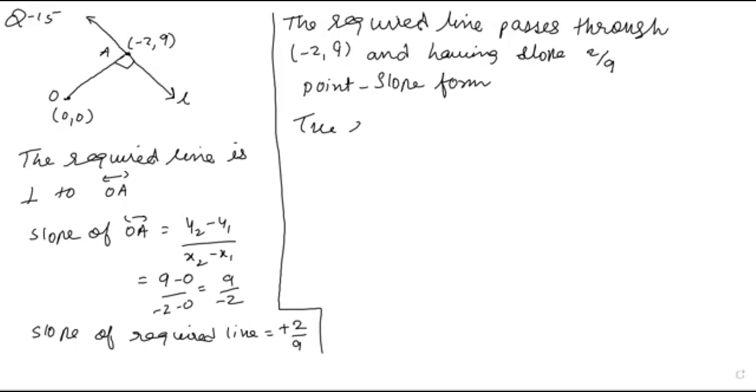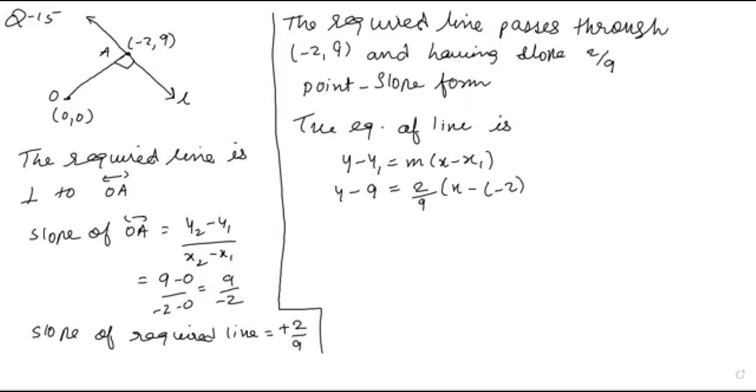So the equation of line is y minus y1 is equal to m into x minus x1. So y minus 9 is equal to 2 by 9 times x minus (minus 2). So 9y minus 81 is equal to 2x plus 4. So 2x minus 9y plus 85 equal to 0. This is your required line.